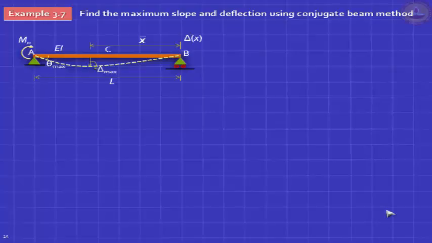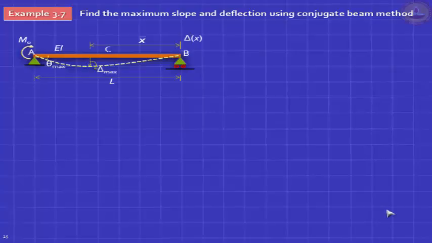Okay, you know the conjugate beam. You know that the slope is obtainable by loading the conjugate beam with the M by EI diagram. So you should know the variation of the M diagram. I'm not going to draw it. I want to see how many of you are very smart and quick thinkers.